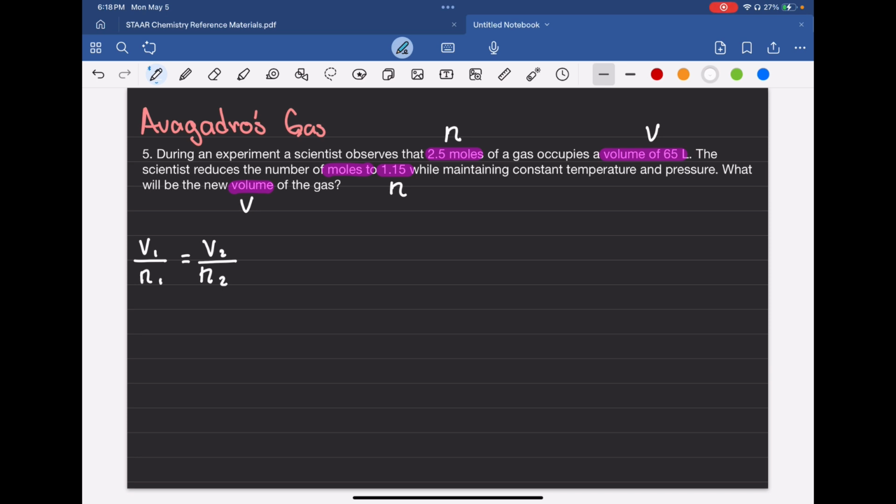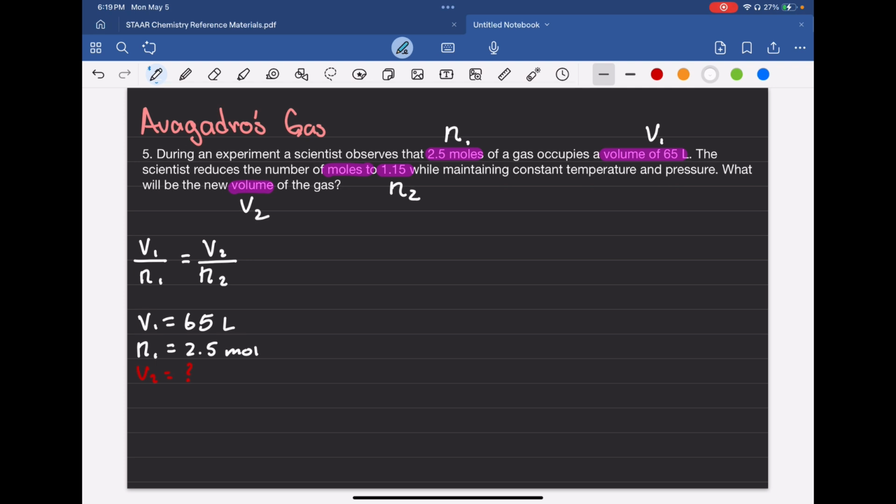So let's write down our variables. V1 is 65 liters. Moles 1 is 2.5 moles. Volume 2 is unknown. That's what we're solving for.